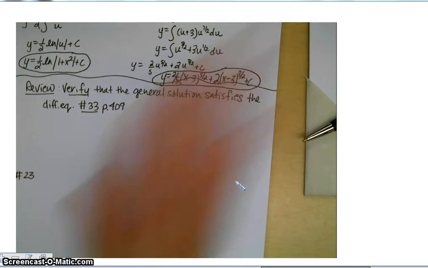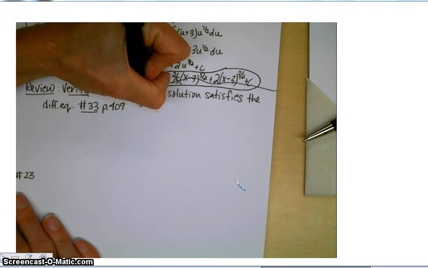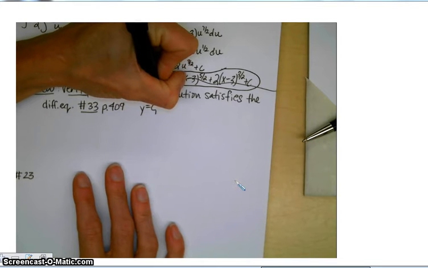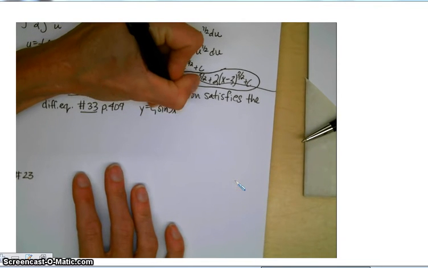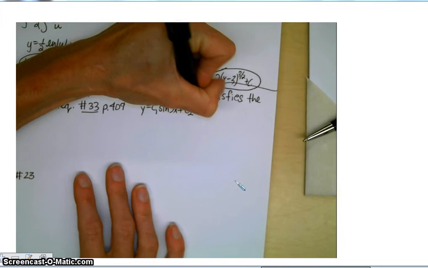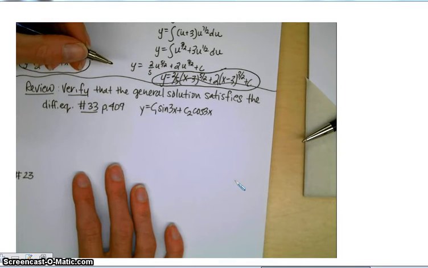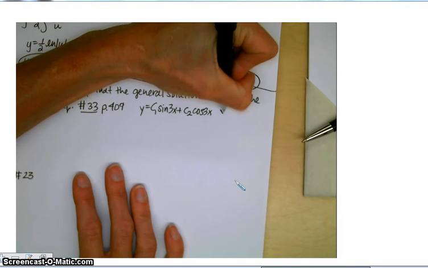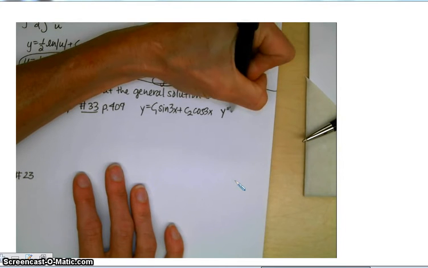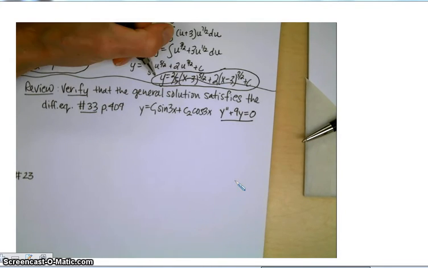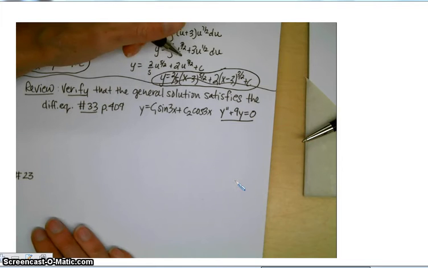So our problem here, we know that y equals c1 times the sine of 3x plus c2 cosine of 3x. And we want to see if it is a solution to this differential equation. So this is the differential equation we want to match it up to by taking the derivative.